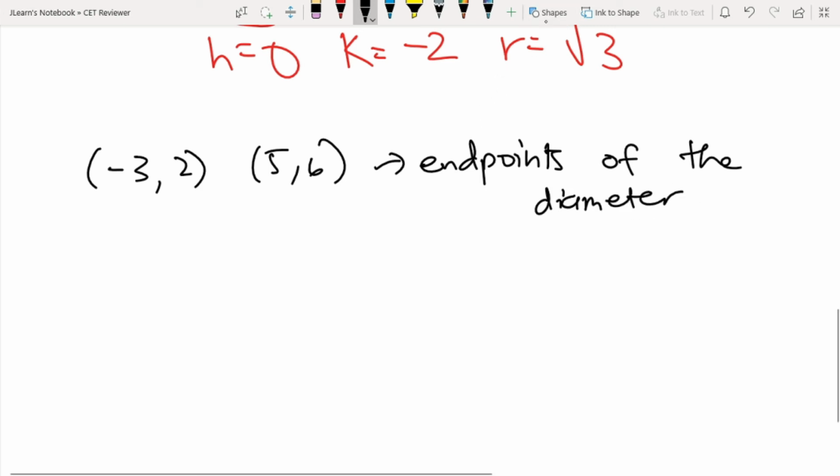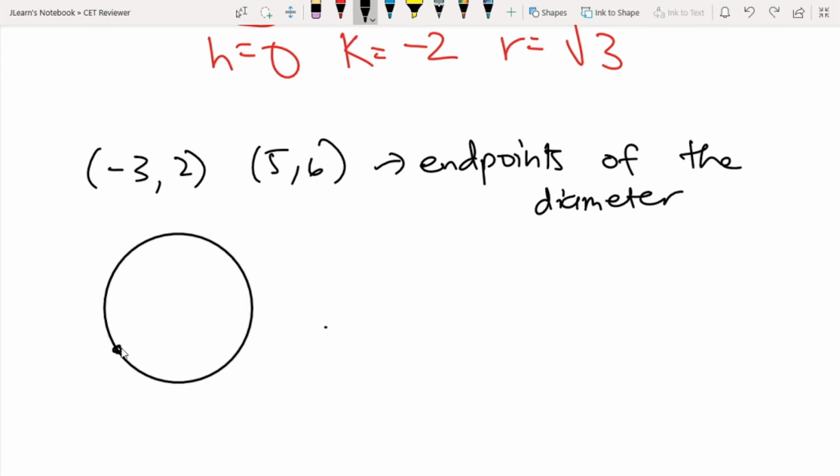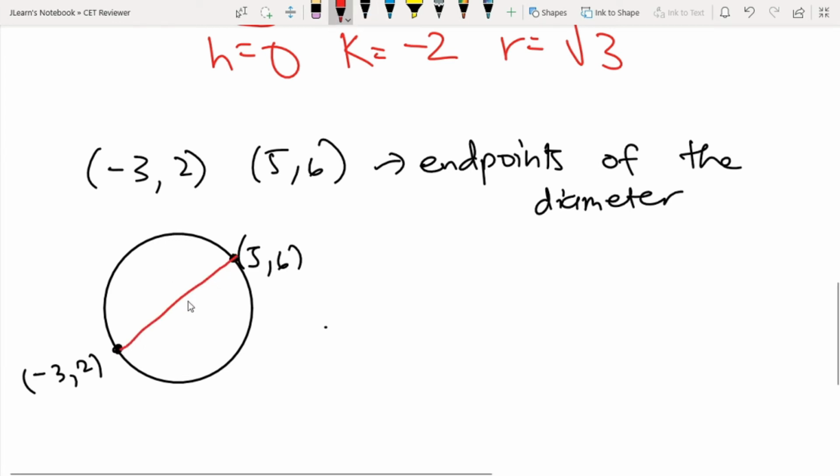Okay? So, ibig sabihin yan, kung meron tayong circle, okay? So, gawa tayong circle. So, for example, ito yung -3, 2, kunyari lang and ito yung 5, 6. Okay? So, yung dalawang yan daw ay endpoints ng diameter and alam natin na yung center ay nasa gitna nilang dalawa. Okay? So, pinapahanap sa atin is ano yung equation ng circle.